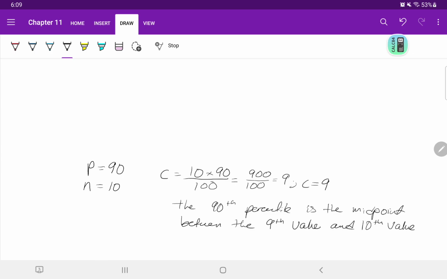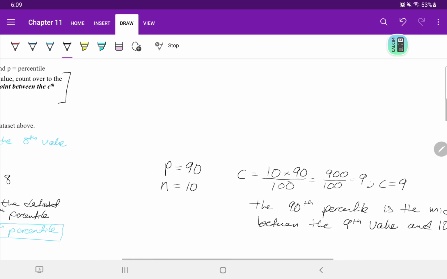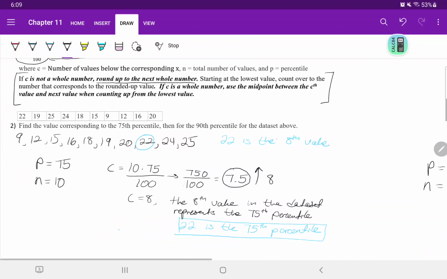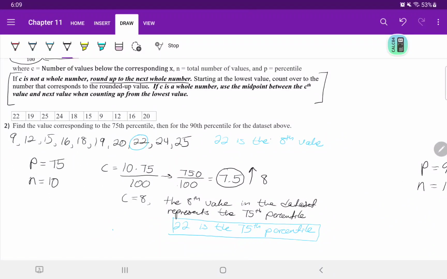So let's go ahead and look at our data set and determine the 9th value, the 10th value, and then find the midpoint of those two numbers. We already know that 22 is the 8th data value. So that means 24 is my 9th data value. 25 is the 10th data value.